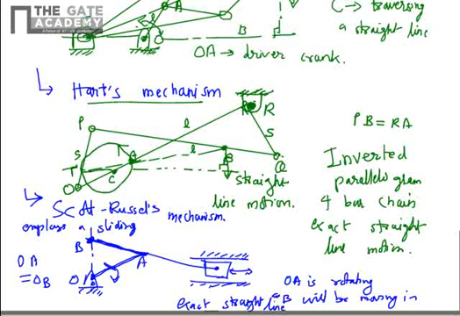So you have exact straight line motion. You have constrained the piston, the sliding pair, in a straight line motion. So C will anyway be moving in a straight line. But if you extend it in such a way that OA is equal to OB, then B will also be moving in an exact straight line. So this is the third category of the exact straight line mechanism.